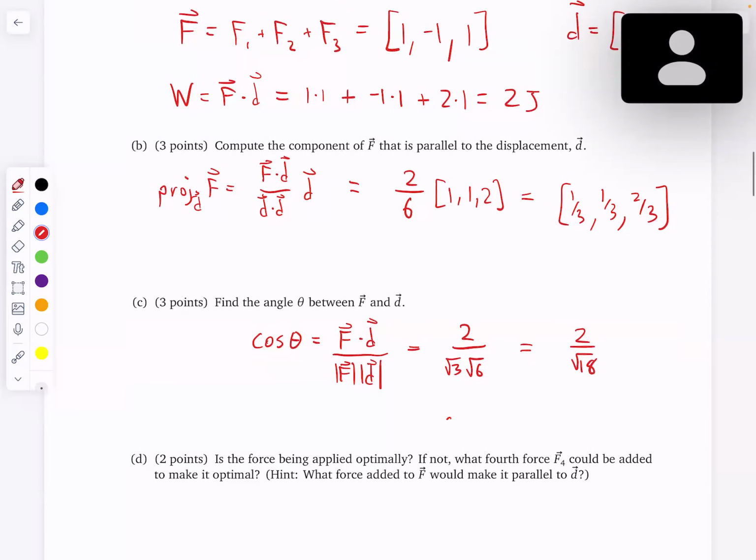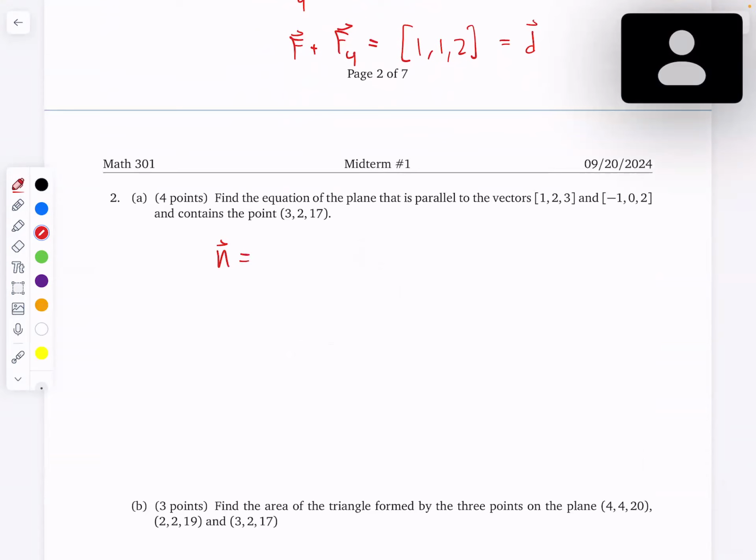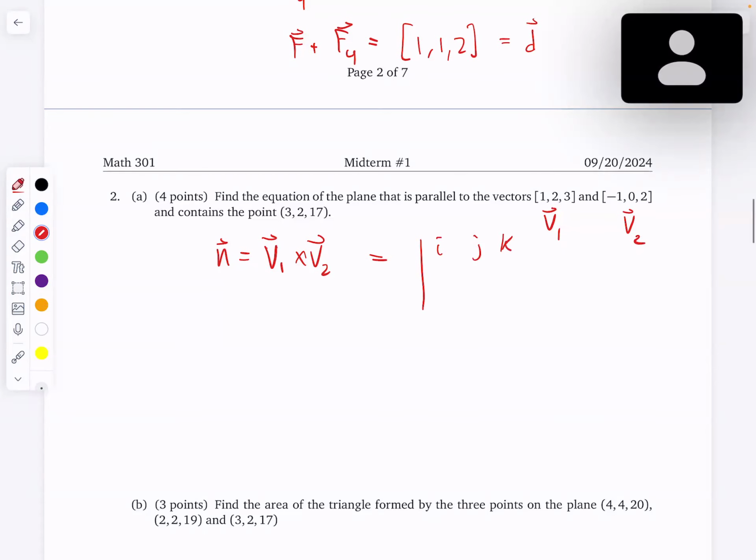Find the equation of the plane that is parallel to two vectors and contains the point. So we have a point, and we need a normal vector. So the normal vector is going to just be the cross product of these two vectors. I call this V1 and V2. And it's the cross product of V1 cross V2. And so that's going to be the determinant with i, j, k, 1, 2, 3, negative 1, 0, 2.